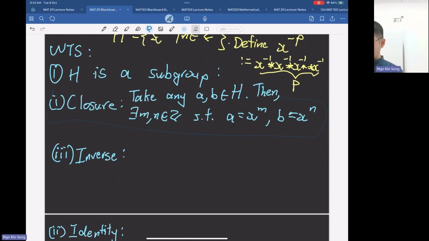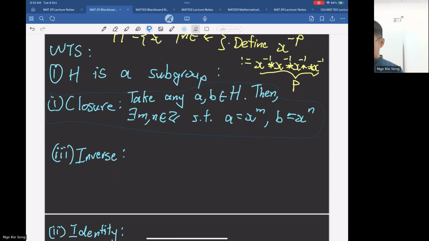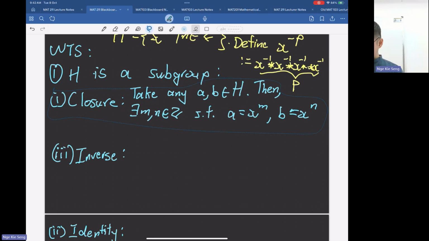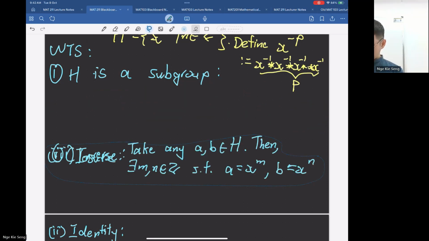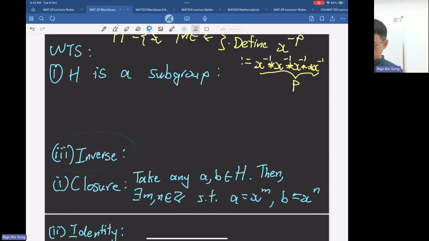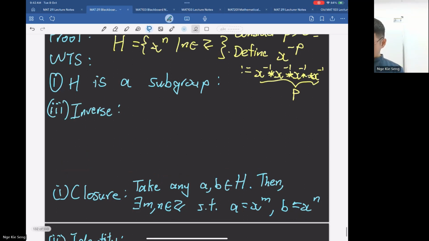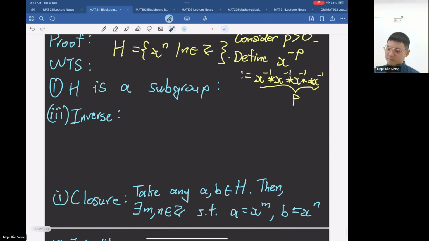I need to tell you what this inverse does. Correct or not? Let's do inverse first. I think it's more natural.